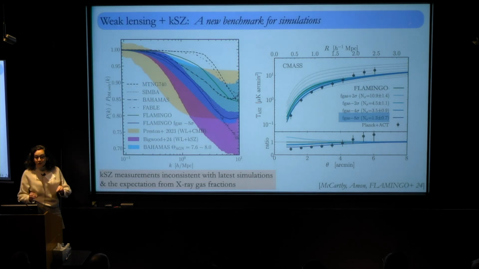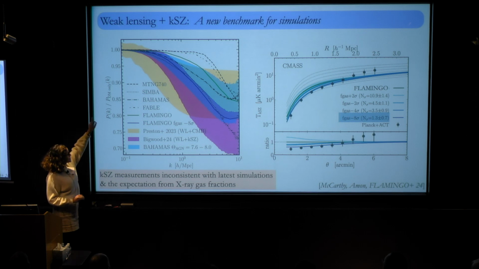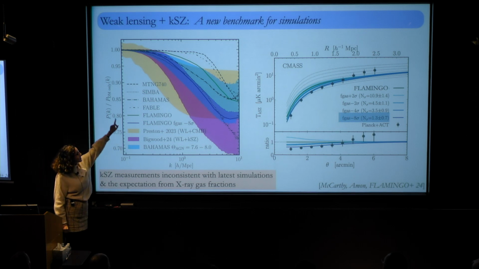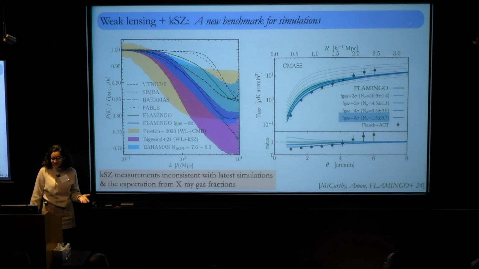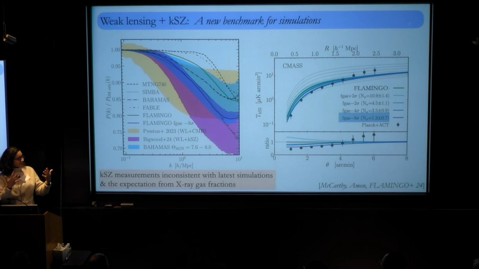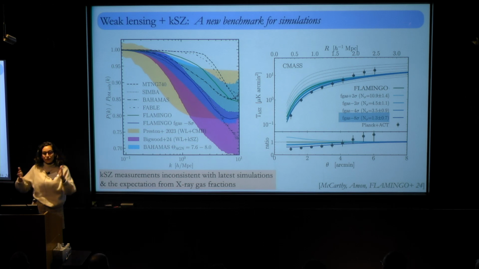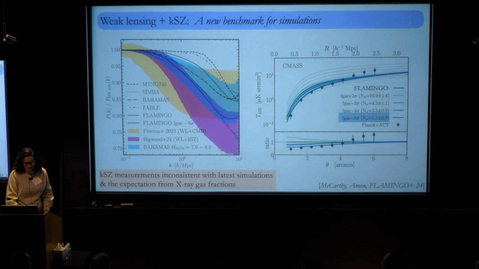So this test confirmed Leah's results. The Flamingo F-gas minus 8 sigma prediction sits beautifully within her constraints. And we now had evidence from two approaches that KSE and weak lensing want more extreme feedback, from a baryonification approach and a simulation approach.